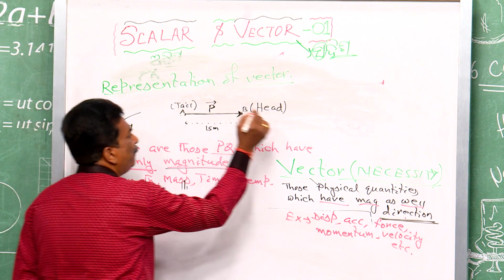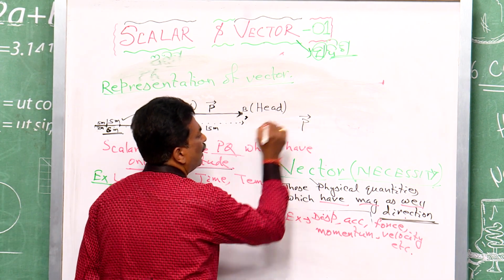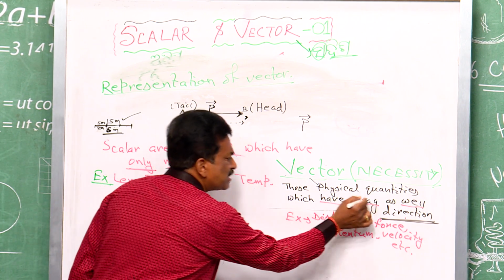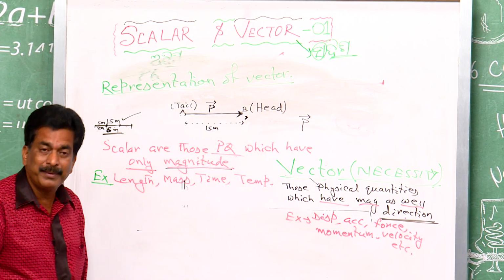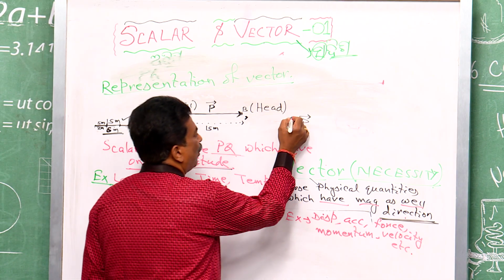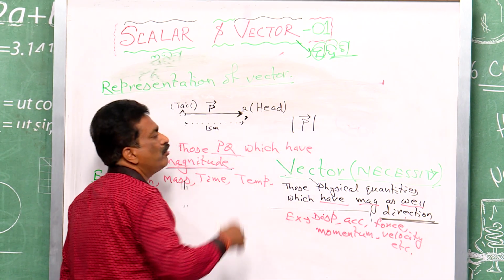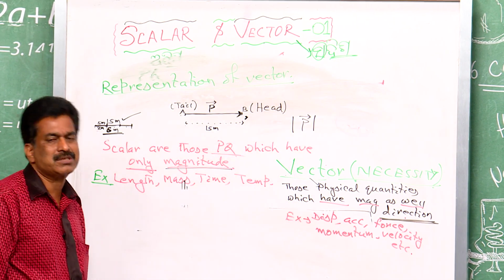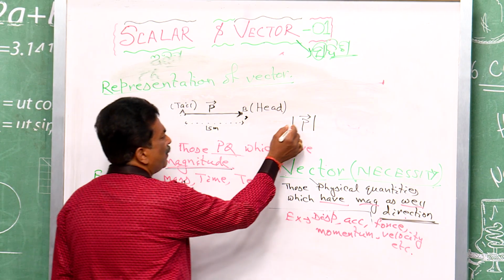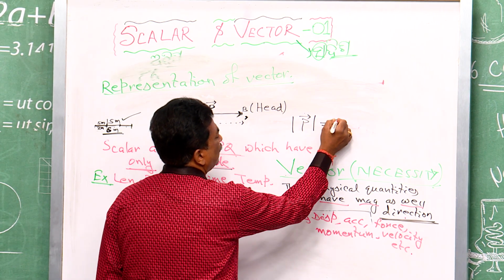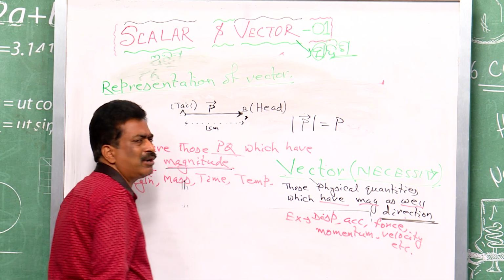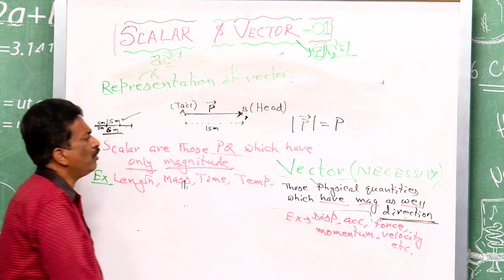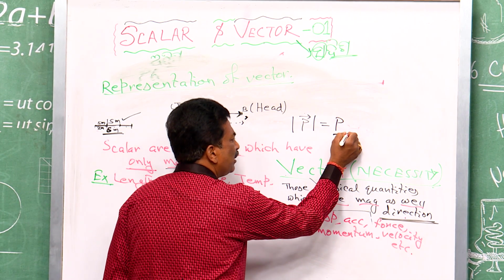So, if P is the vector, then it has a magnitude. What will be the magnitude of that? For the magnitude, you have to take the modulus of that vector. So, the modulus of vector P is also written as only P. Only P means it is the magnitude.